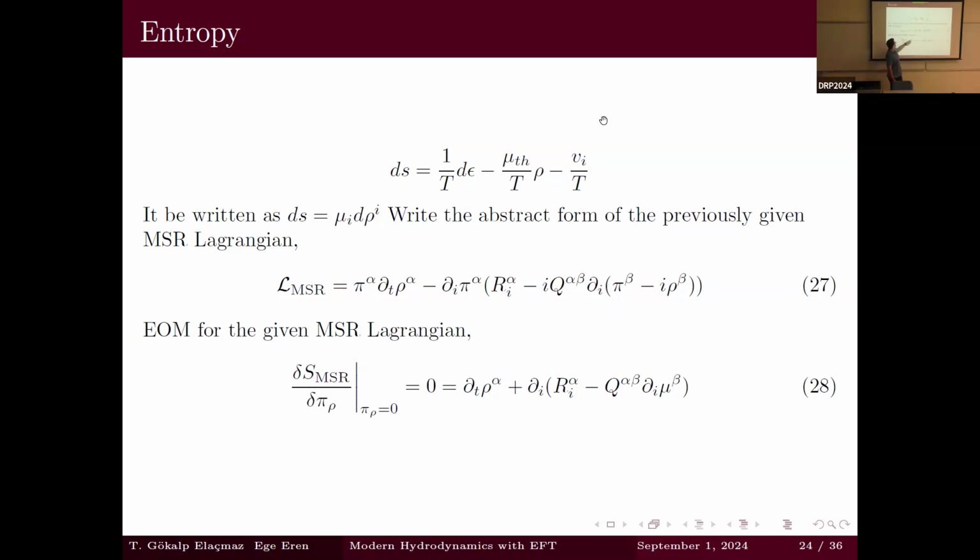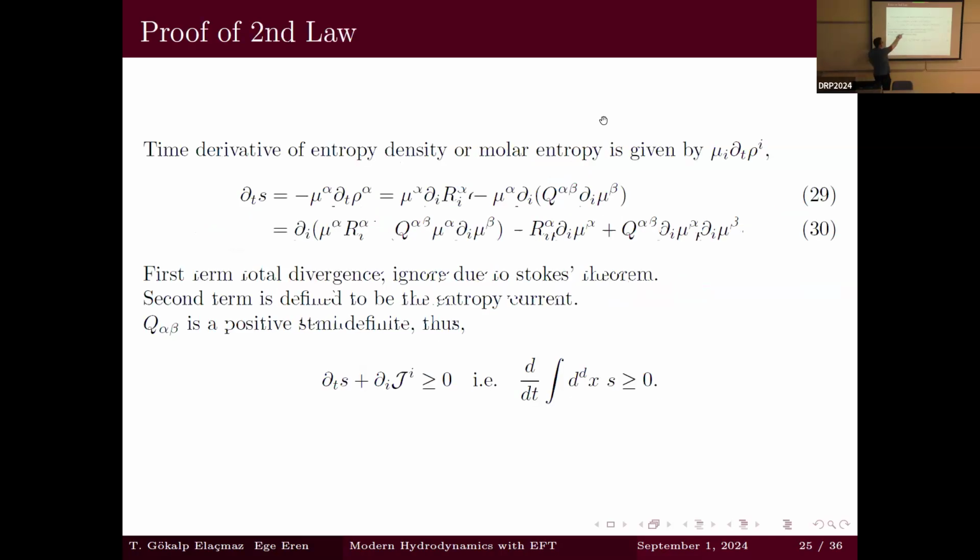It's specifically this part, just by taking the derivative and multiplying by mu I, we get this equation, and then we notice that this is a total divergence term, so it should go to 0. This one is the entropy current automatically, and since this is non-negative, as we said from before, we ensure the entropy is always increasing.